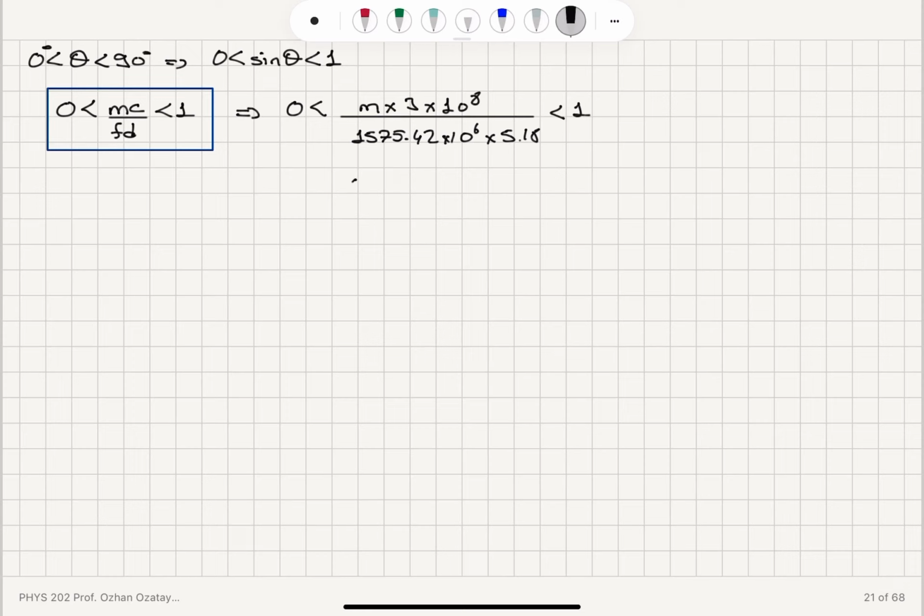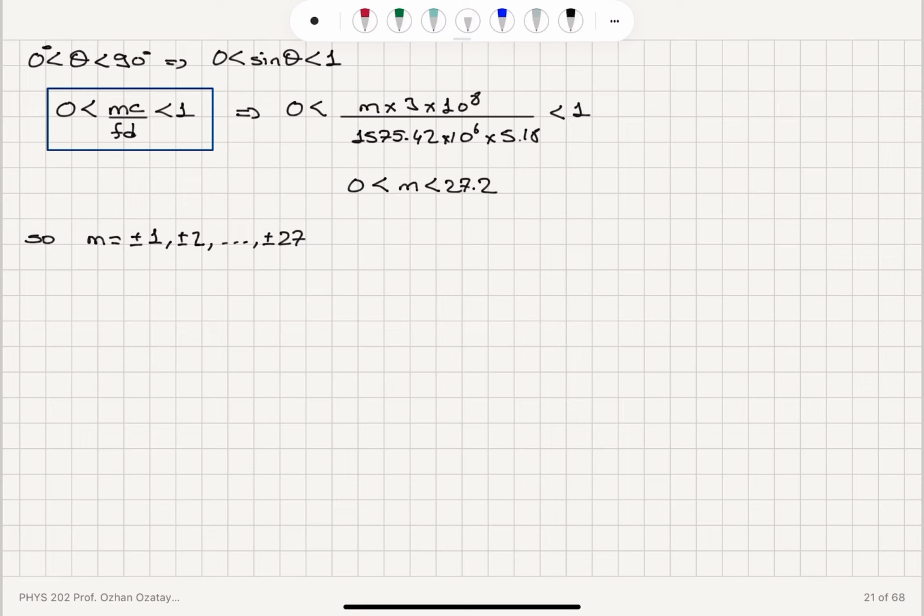So I will find that m will be between 0 and 27.2. So what are the values m can take? m can take values plus or minus 1, plus or minus 2, up to plus or minus 27 in this range.